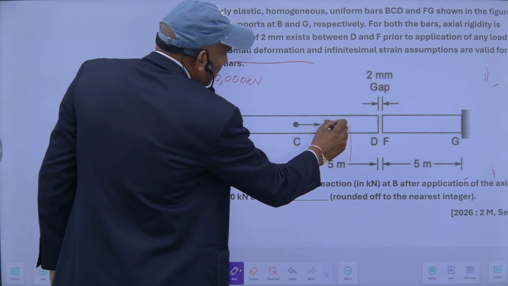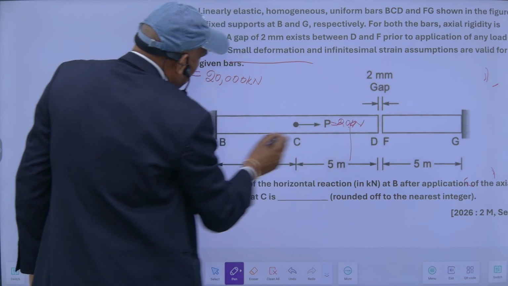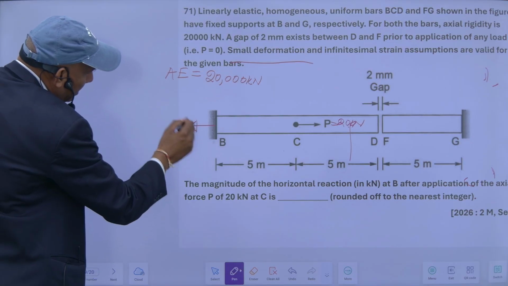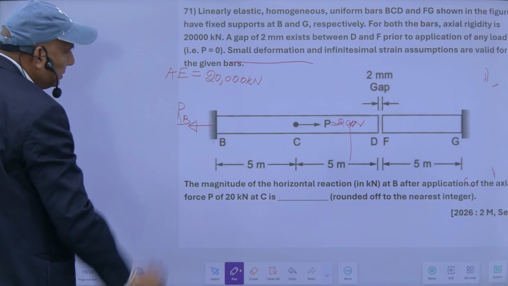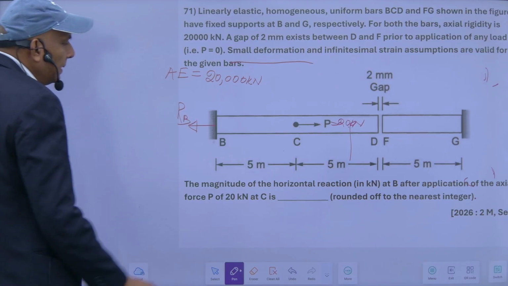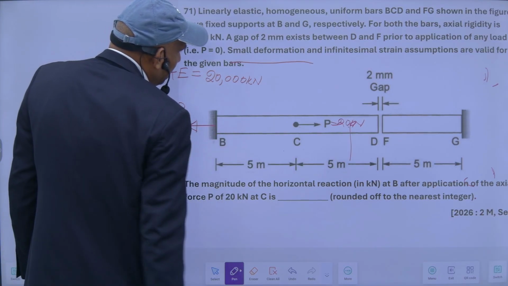This is 20 kilonewton. Suppose this reaction will be RB, reaction at B.